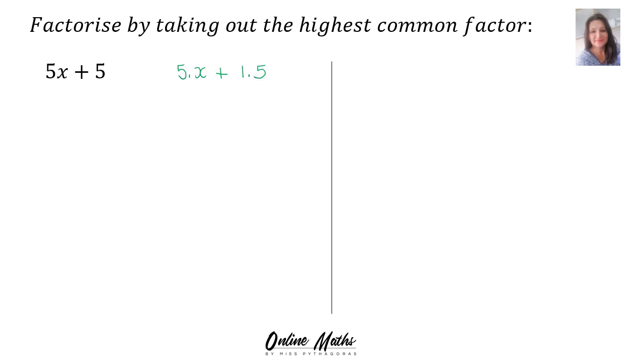Now, it's very clear that 5 is the common factor. So we will take out 5 and we will take out the 5. And then see what's left. There's your bracket. And then it's easier to see, oh, x plus 1.